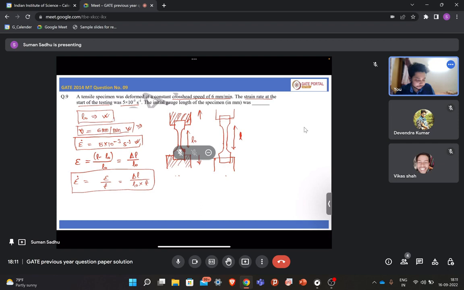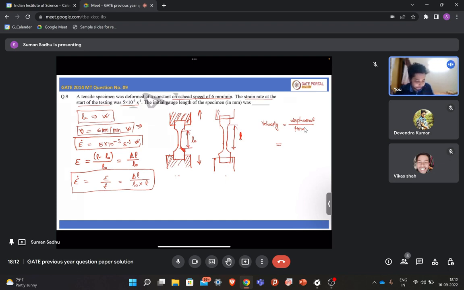What is velocity? Velocity is basically displacement per unit time, right? So how much is the displacement of this crosshead? Initially the length was L naught.